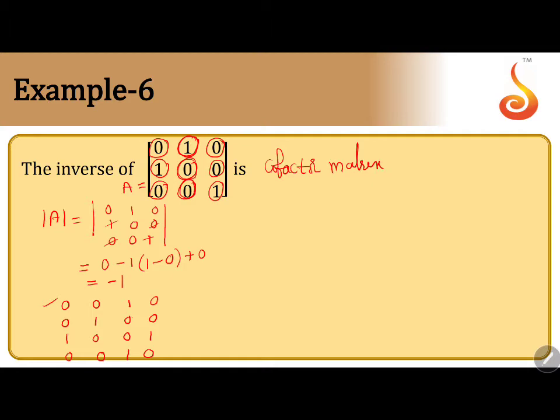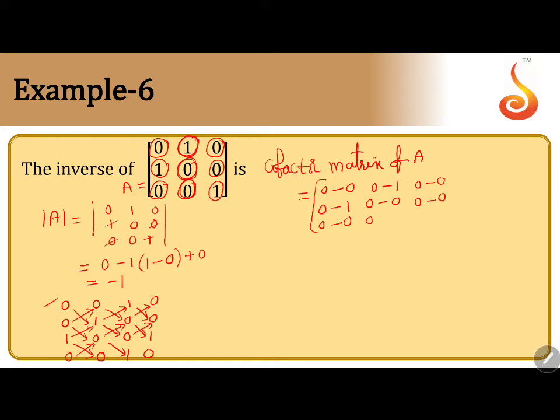Cofactor matrix of A is equal to, take all 2 by 2 determinants: 0 into 1 0 minus 0 into 0 0, 0 into 0 0 minus 1 into 1 1, 1 into 0 0 minus 0 into 0 0, next 0 into 0 0 minus 1 into 1 1, 1 into 0 0 minus 0 into 0 0, 0 into 1 0 minus 0 into 0 0, 1 into 0 0 minus 0 into 0 0, 0 into 1 0 minus 0 into 0 0, 0 into 0 0 minus 1 into 1 1.